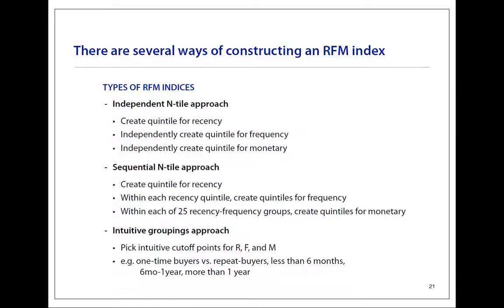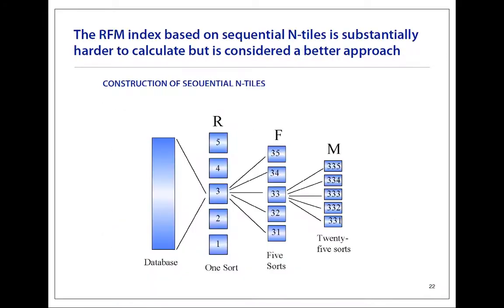There's another approach called sequential. The sequential approach is something like this. We go to the whole database and group the customers using the measure with the highest predictive power. In this case, it's R. Group customers based on R from 1 through 5.